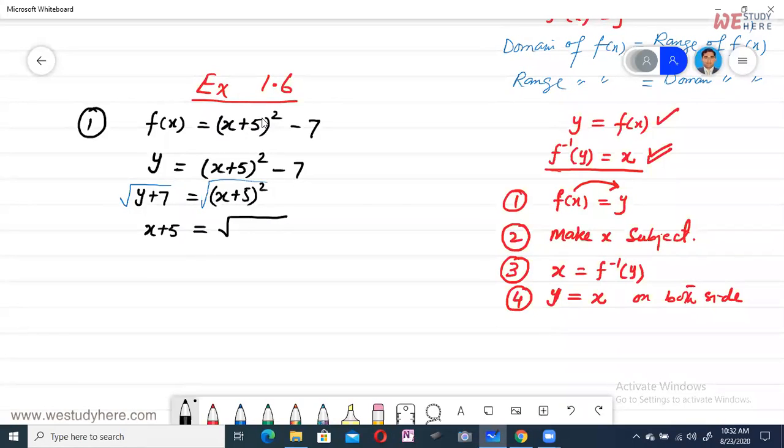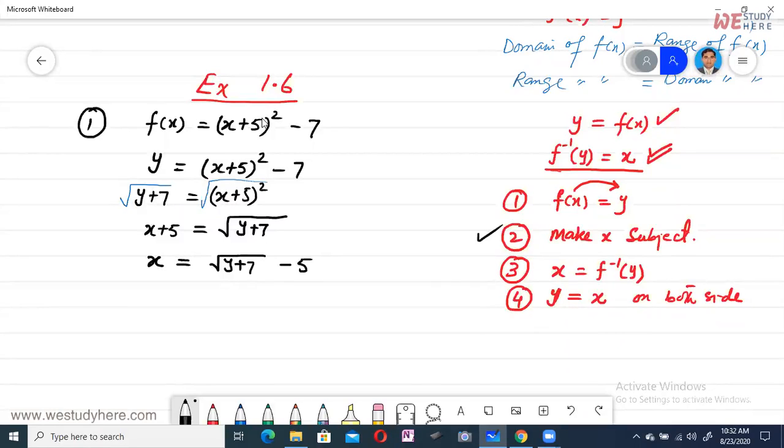I just changed the sides, the thing is same as in the upper step. Now we will make x separate. Square root of y plus 7 as it is, and 5 on the other side is minus 5. This second step we have done, x is the subject.